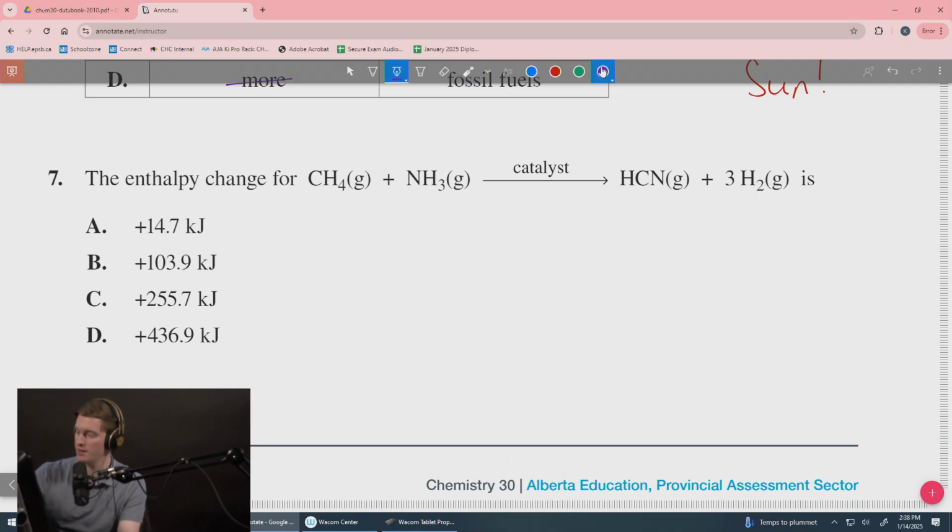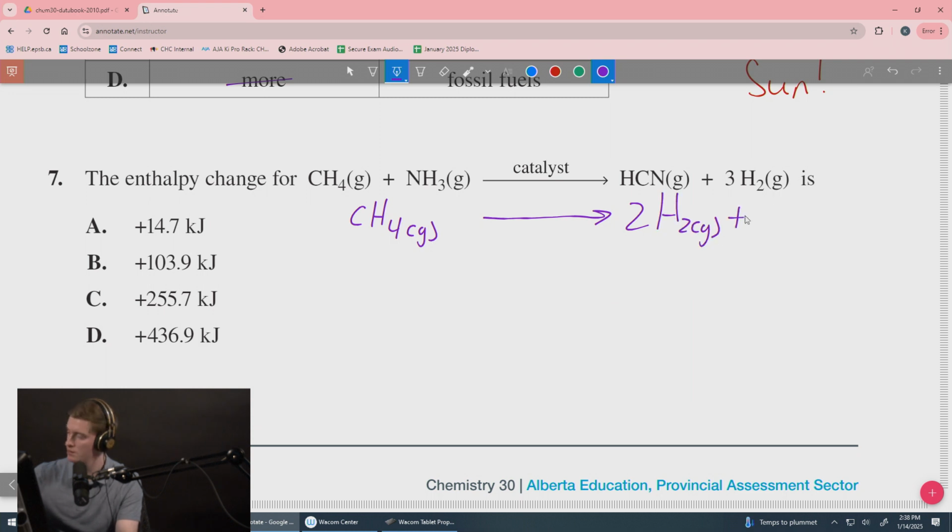I'm going to start with equation 2, which is CH4 gas. I'm going to try and line up all the arrows here underneath this one. CH4, methane gas, becomes hydrogen gas plus solid carbon. 2 moles of hydrogen gas and solid carbon.